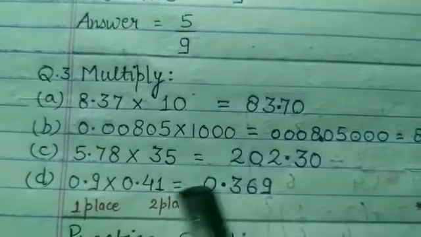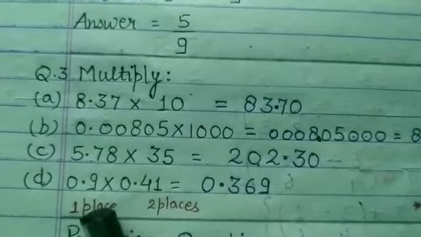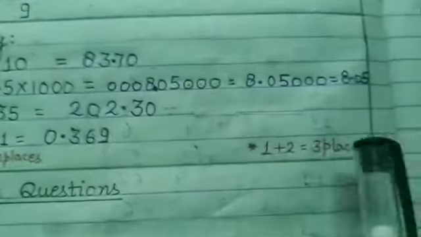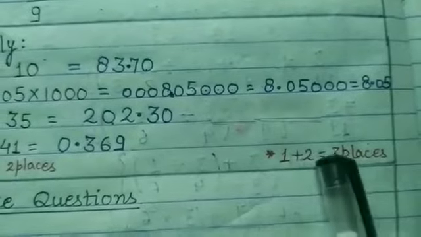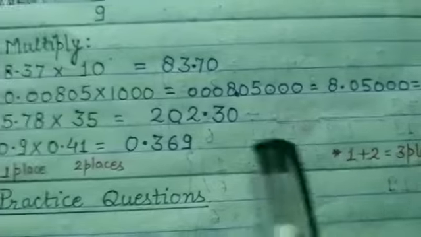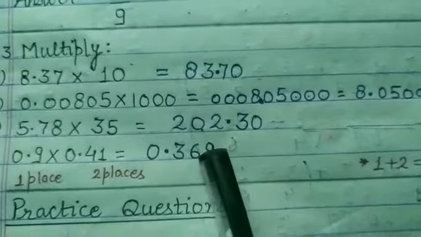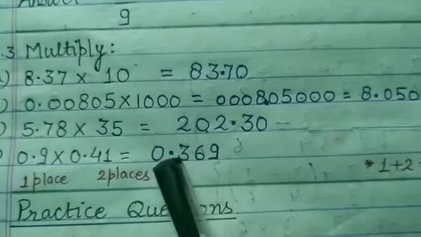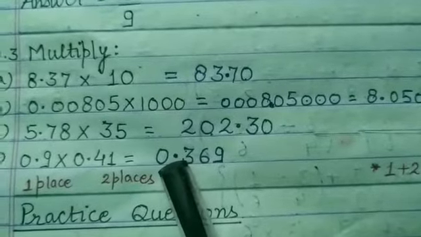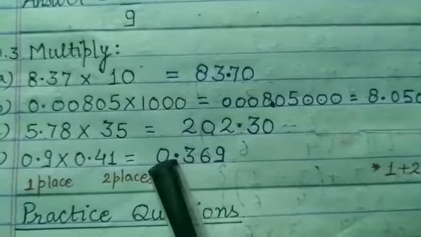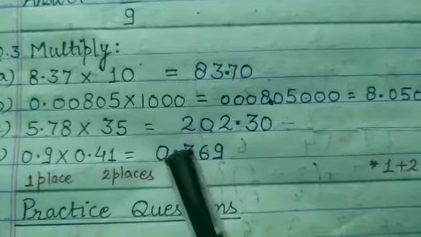So we use these two places plus one place. That means one place plus two places is equal to three places. So we count from the right side 1, 2, 3 and the decimal will be here. If there is no number before the decimal, then we will put a 0.